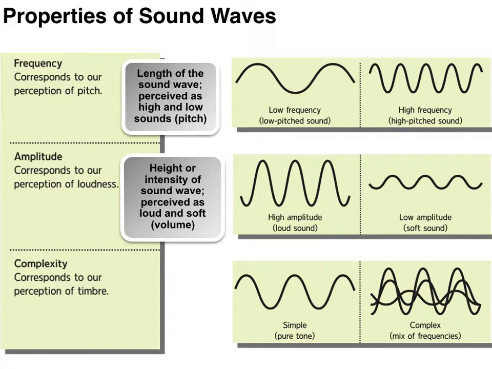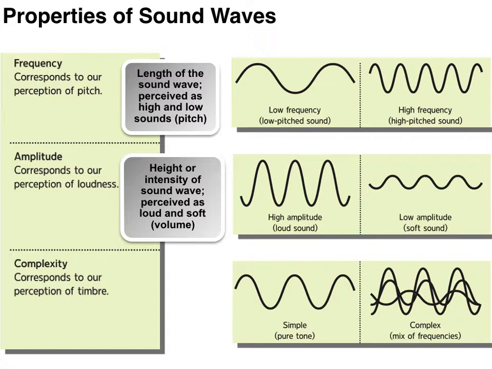Here's an example of that. So you could hear the loud sound is going to have a lot higher amplitude. The soft sound is going to have a lot lower amplitude. So the difference between thunder and rain. That big clap of thunder is going to have a high amplitude wave, whereas that soft sound of the rain is going to have low amplitude.